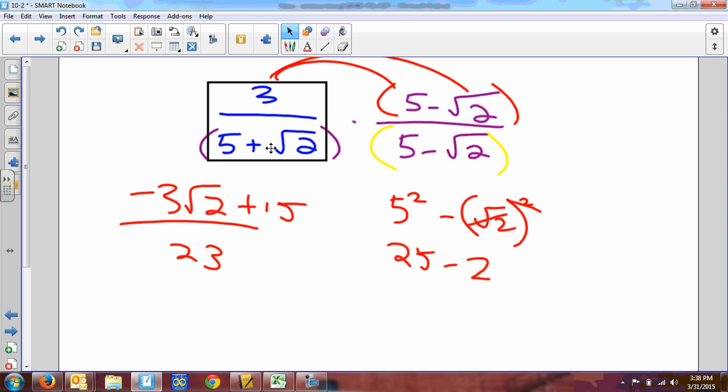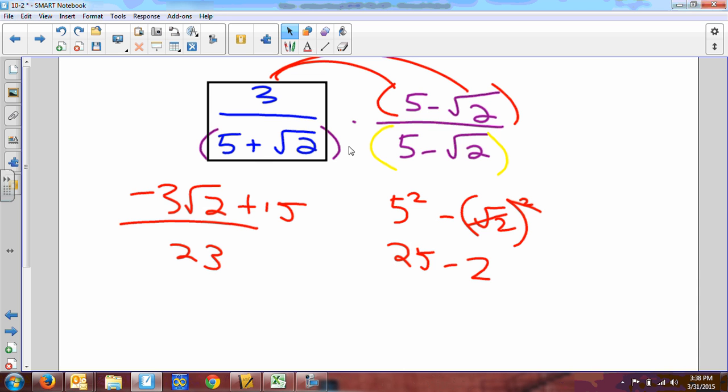With these, we're basically going to FOIL them as if they were variables. 5 times 5, let's just put it as 5 squared. 5 times negative root 2 and 5 times positive root 2 will end up canceling each other out. And then root 2 times negative root 2. Okay, looks like this.